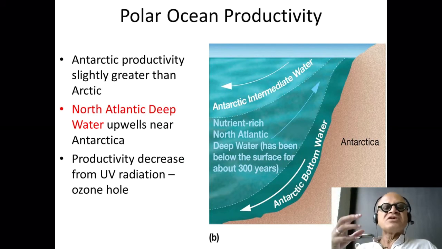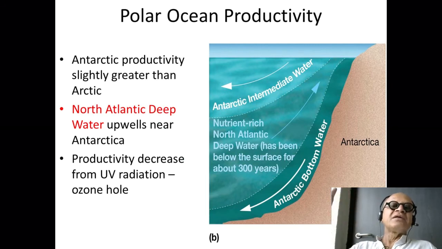So remember, the North Atlantic deep water is being formed at the surface. Nutrients are being taken down with it as it sinks, and those nutrients are being brought up when this upwelling happens.